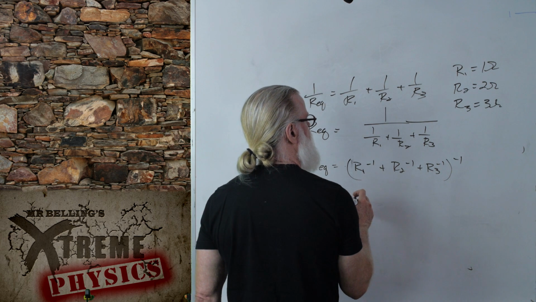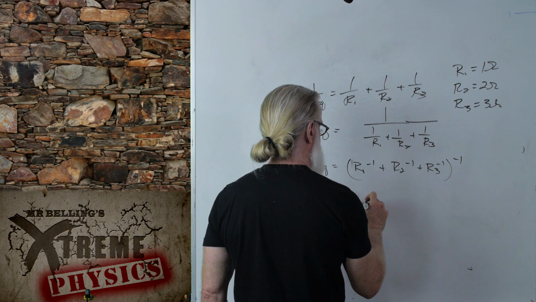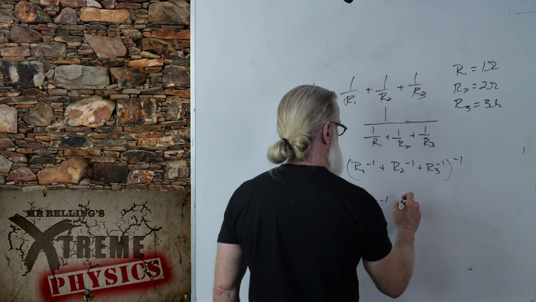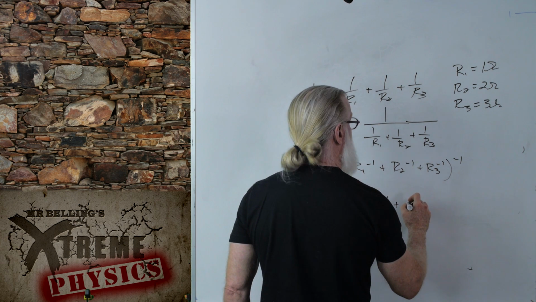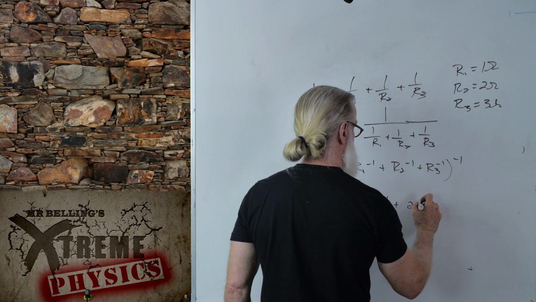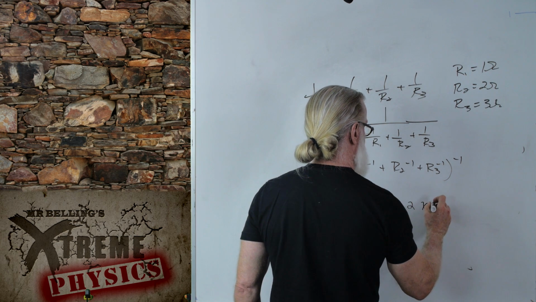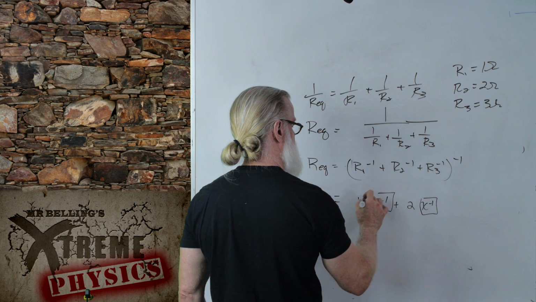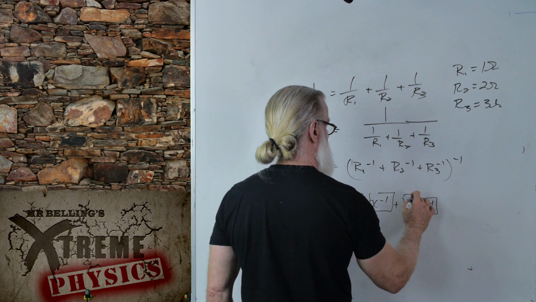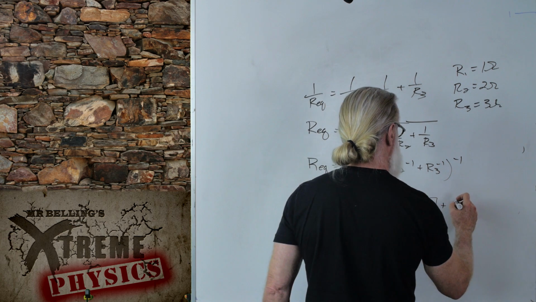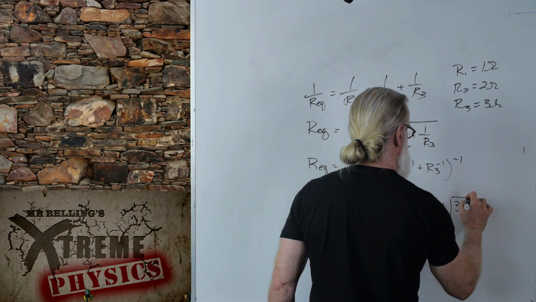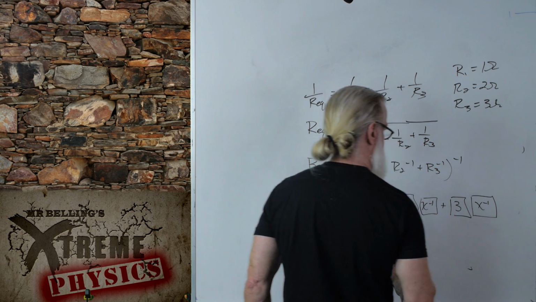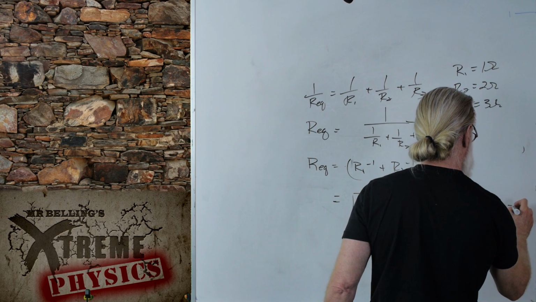You're going to go 1, x to the minus 1, plus 2, hit the x to the minus 1 key, plus 3, times x to the minus 1. And then you're going to hit the equals key.